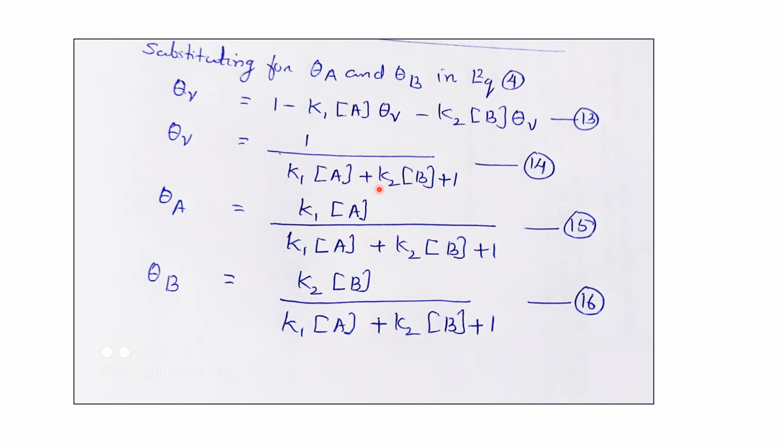Substituting for theta v in equations 11 and 12, we obtain theta A is equal to K1 into A divided by (K1A plus K2B plus 1), whereas theta B is equal to K2B divided by (K1A plus K2B plus 1).